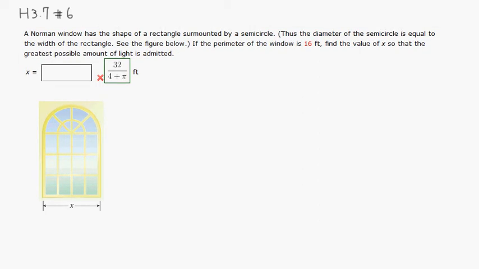So we have a semicircle here, this part right here is a semicircle, and of course the diameter is the same as x. So the radius is actually x over 2, right? So the whole circumference would be 2 pi r, so 2 pi times x over 2, so it's pi x.